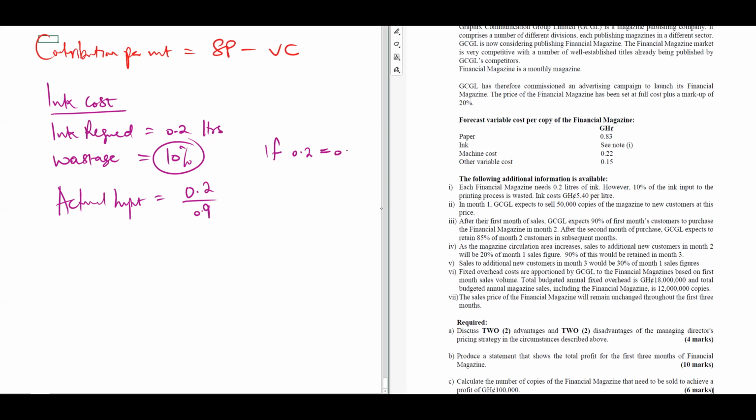If 0.2 is equal to 90%, do you understand? Because we've lost 10%. If 0.2 is equivalent to 90%, then how much is 100% that we put in?